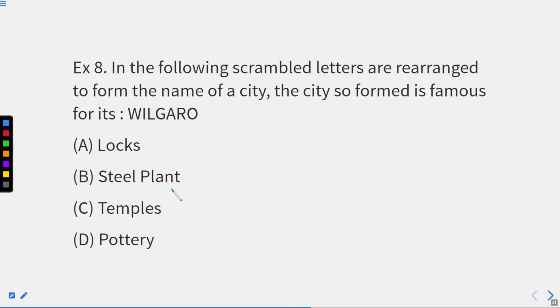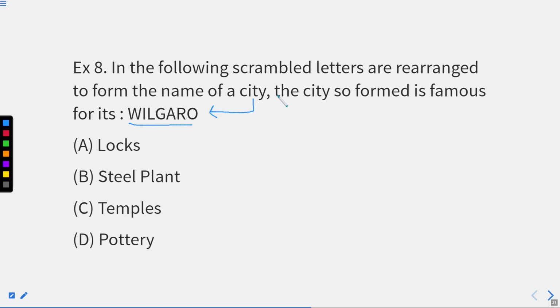Now here you need to read the question carefully again, as I mentioned, right? So the question says, the following scrambled letters, so we need to find out the scrambled word, that is this, are rearranged to form the name of a city. So we know that this is going to be the name of a city.